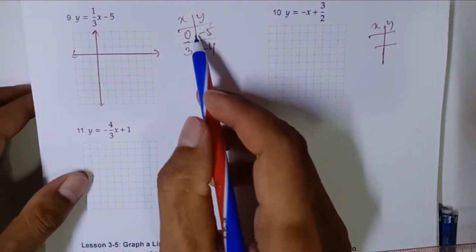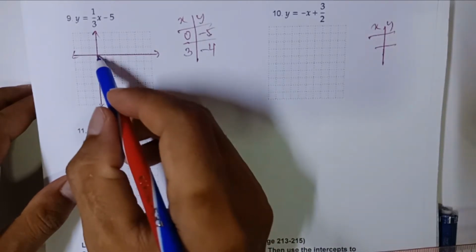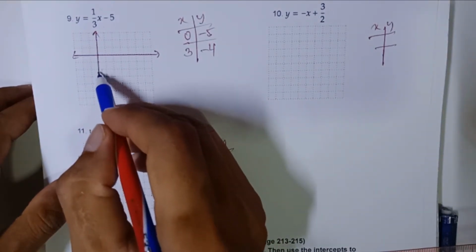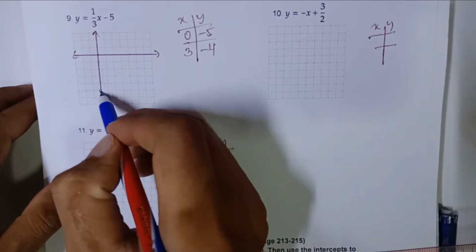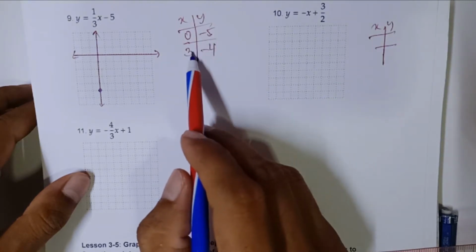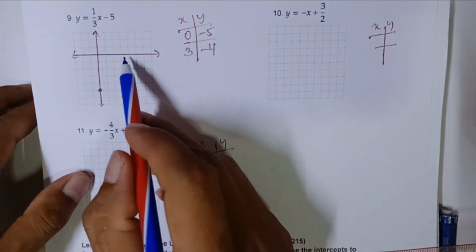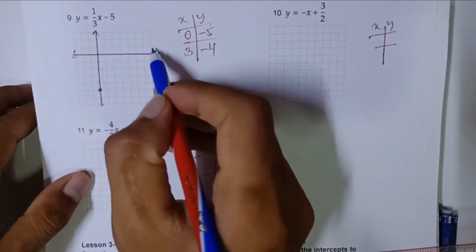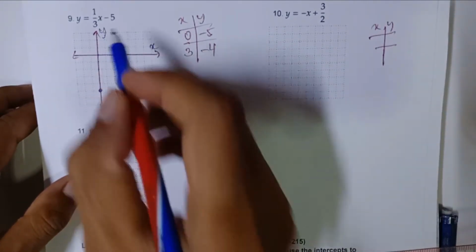So when x is 0, y is -5, so 1, 2, 3, 4, 5, okay, you have 1 point here. And then when your x is 3, your y is -4. This is the x-axis, this is the y-axis.